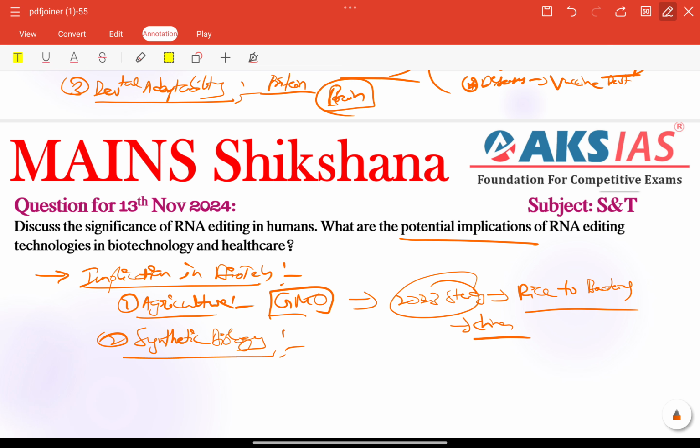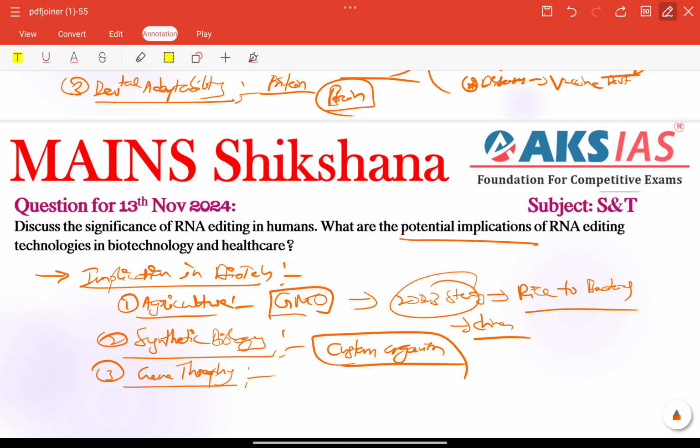RNA editing is driving advancements in synthetic biology by enabling the creation of custom organisms for industrial and medical purposes. Very important point. Next, gene therapy is also very important to know here, because RNA editing offers a promising alternative to traditional gene therapy by correcting mutations at the RNA level.